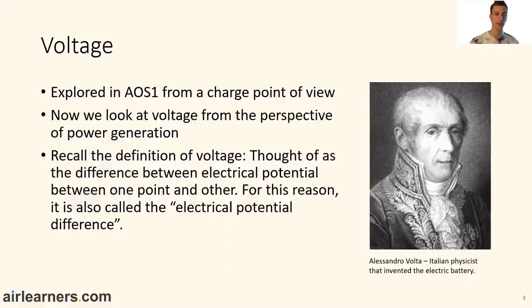While we have another definition, electrical potential difference, as an alternative name, we don't really think of it like that anymore. We consider something called a voltage drop, which is the potential difference between 2 points. And we'll see that on the next slide.